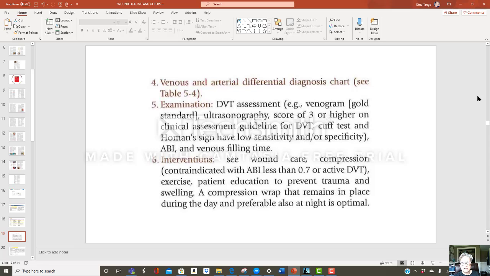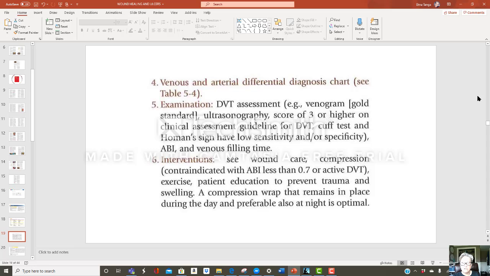So that's the DVT assessment. Then you got the ABI, and then you have the venous filling time.